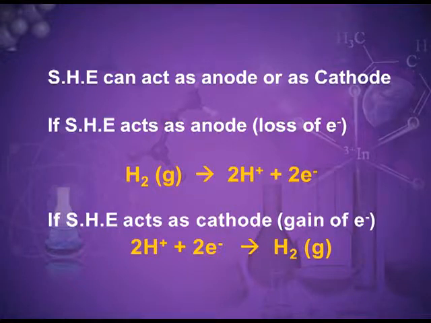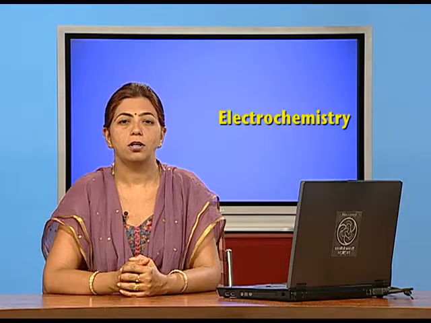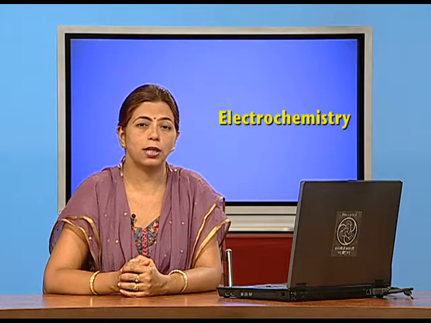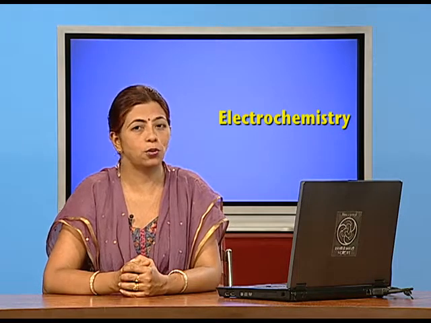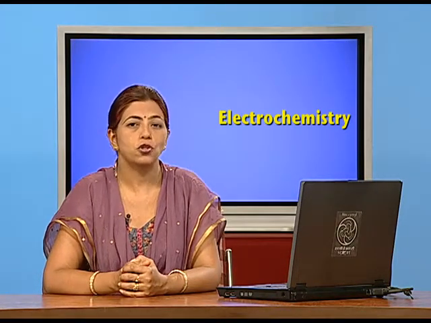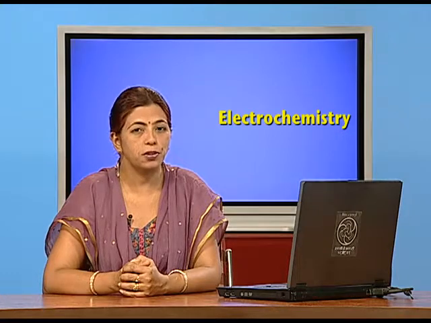And when it has to act as cathode, that means gain of electrons, then hydrogen ions in the electrolyte accept 2 electrons and are reduced to hydrogen gas. So it is very clear that it can act as anode and cathode. So we call it a reversible hydrogen electrode.